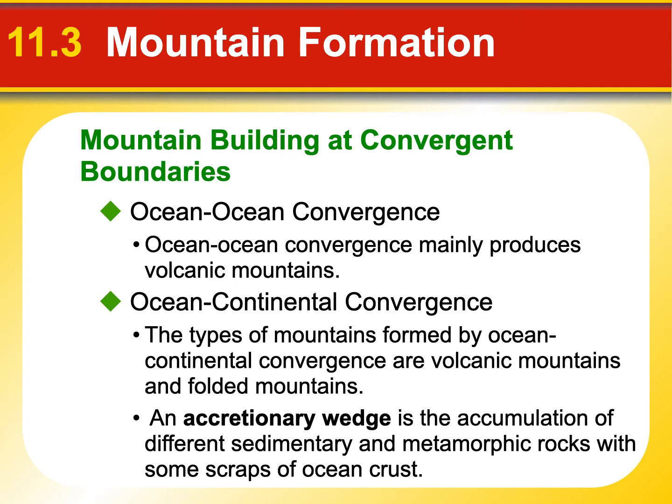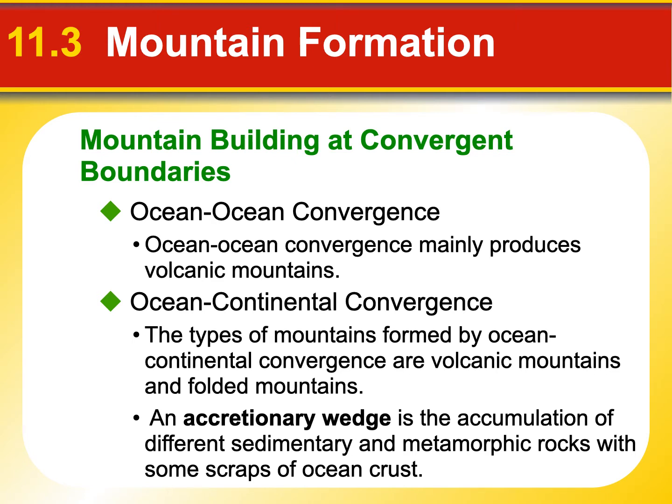If you have ocean-to-continental convergence, in other words, an oceanic lithospheric piece colliding with a continent, you get some similar features. You're still going to get sort of these volcanic mountains. Some of them may occur up on land. You might get some out in the water, but you're going to get some folded mountains on land as well from this.